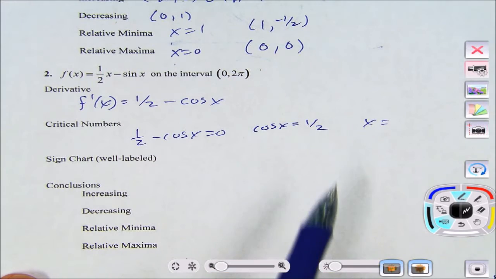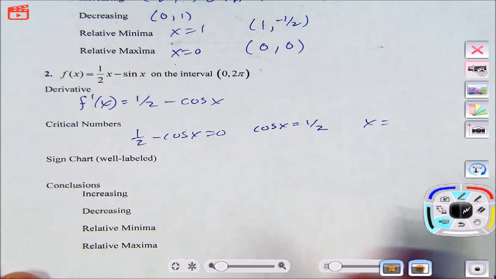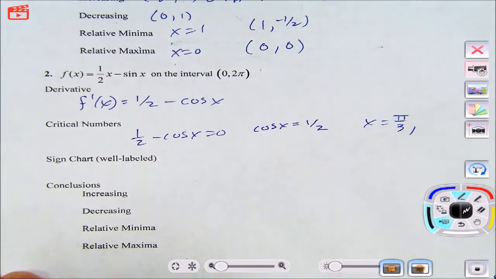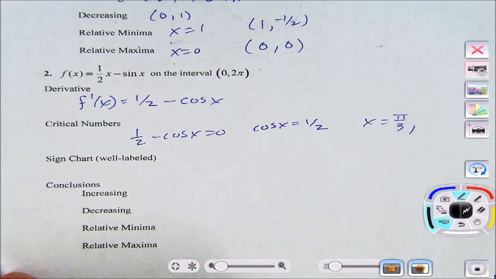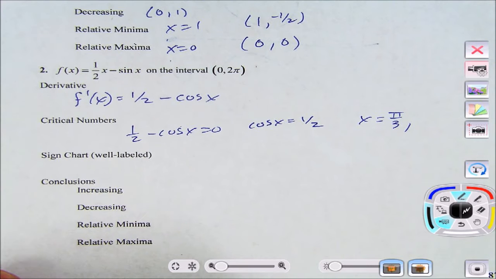So, what is cosine equal to 1/2 on this interval, from 0 to 2 pi? On the unit circle, pi over 3. Where's the other one? It's in this quadrant.